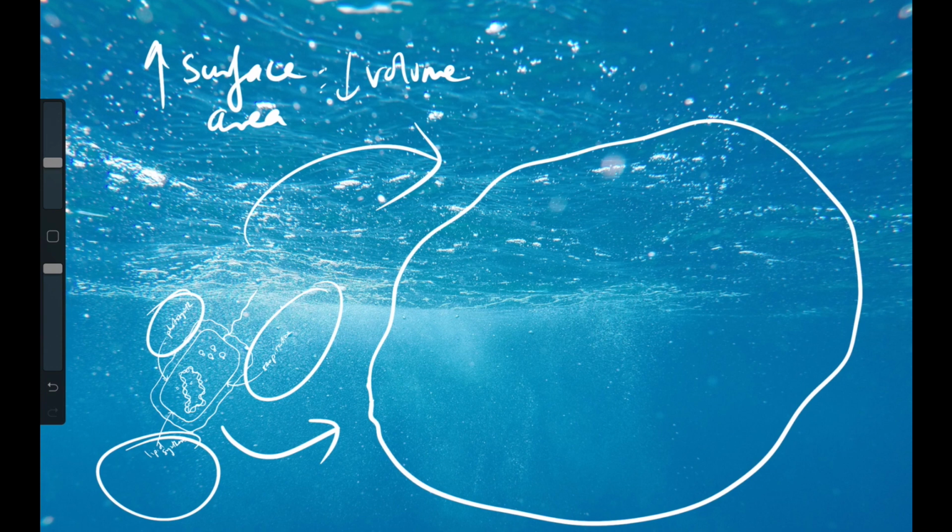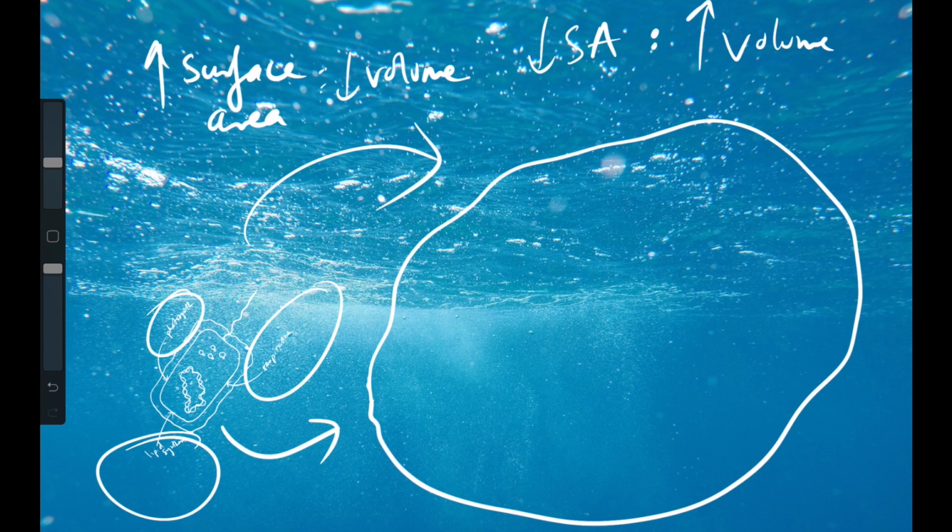Now let's cut to this eukaryotic cell. This eukaryotic cell is quite large, so its volume is quite high. But as we know, the larger objects get, in relation to their volume, the surface area becomes smaller.